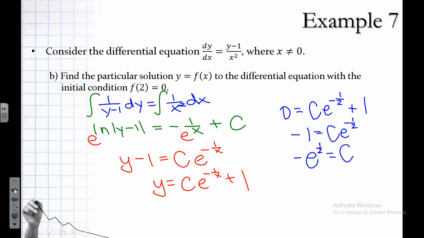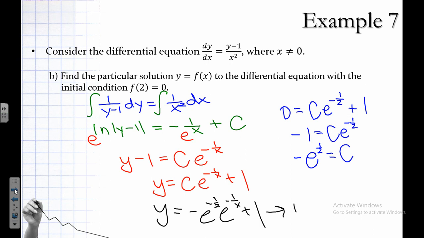Now, c is negative e to the negative 1/2, and that's being multiplied to e to the negative 1 over x. You're not going to leave it like that. That is not nice.